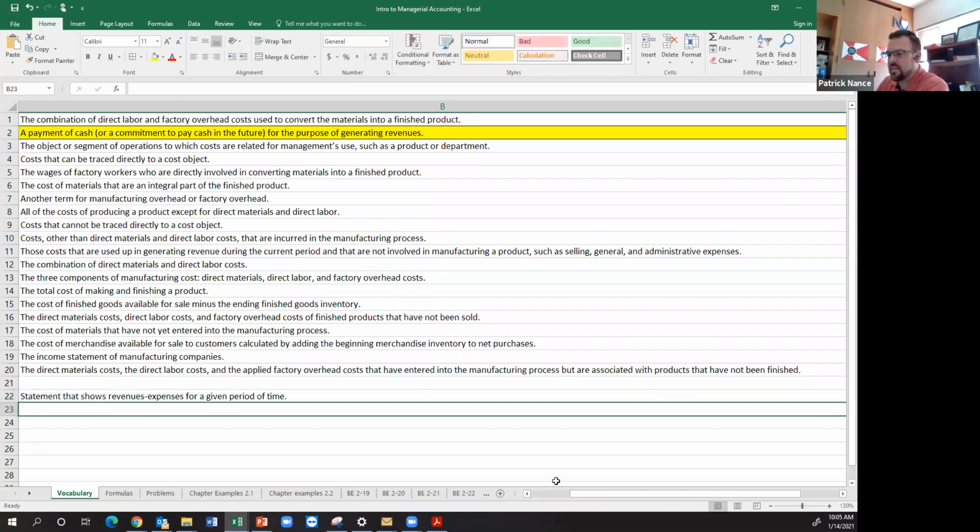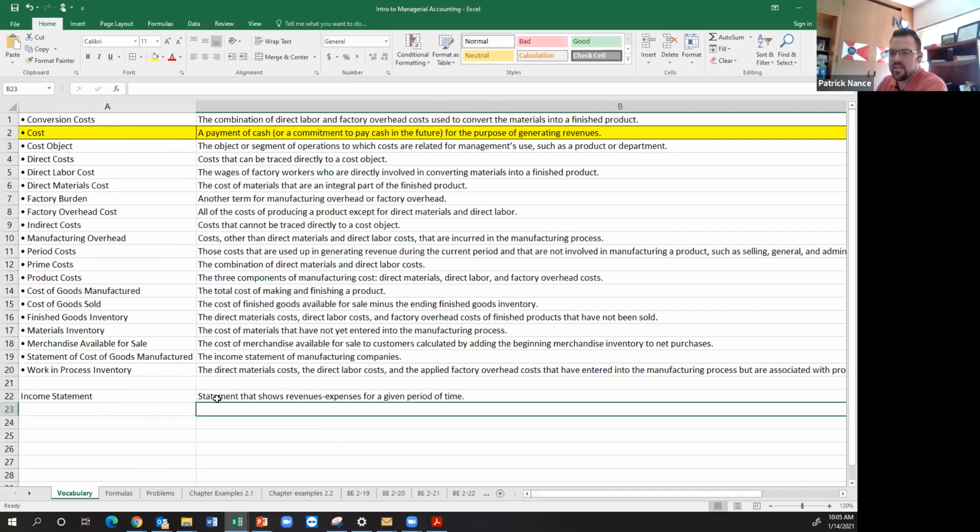So a lot of what we're doing here is trying to trace costs, specifically costs that will end up on that income statement. Once they have expired or have been incurred, then they become an expense.